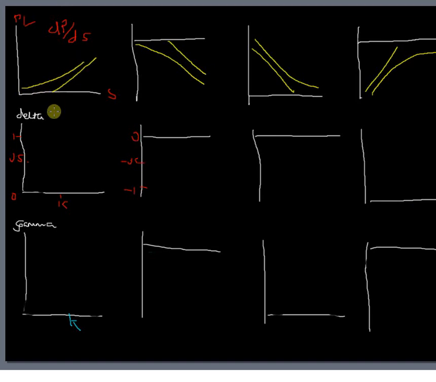So intuitively we know that delta is in this direction. Okay, so at this point, when it's out of the money, right, the delta is flattish, so it should be 0 at around 0 here. At this point, when it's in the money, it should be at 1 here. Okay, at K, it should be 0.5. So we know that the graph will look something like that.